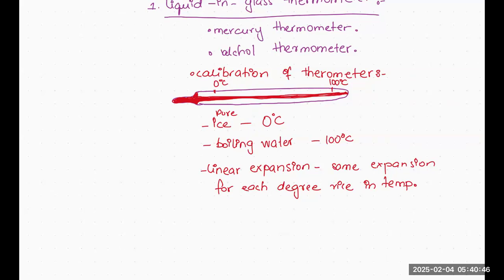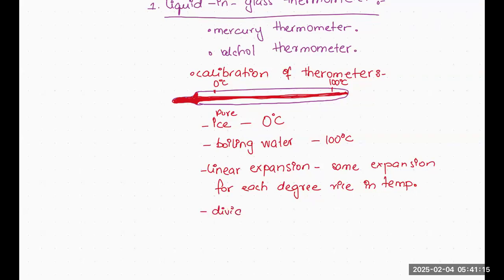Non-linear expansion is like, from 0 to 10, it was increasing by 0.5, then from 10 to 20, it started to increase by 1 centimeter, 1 centimeter, 1 centimeter. So the expansion is not staying uniform, it's changing. That is non-linear. If you have a linear expansion, then you can simply divide the scale into even units.